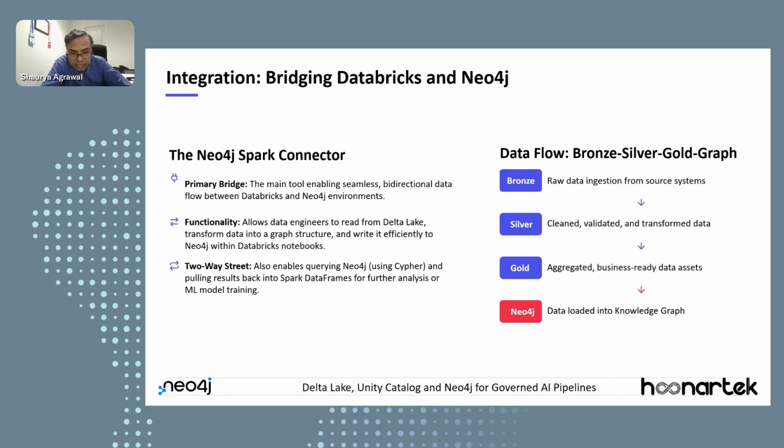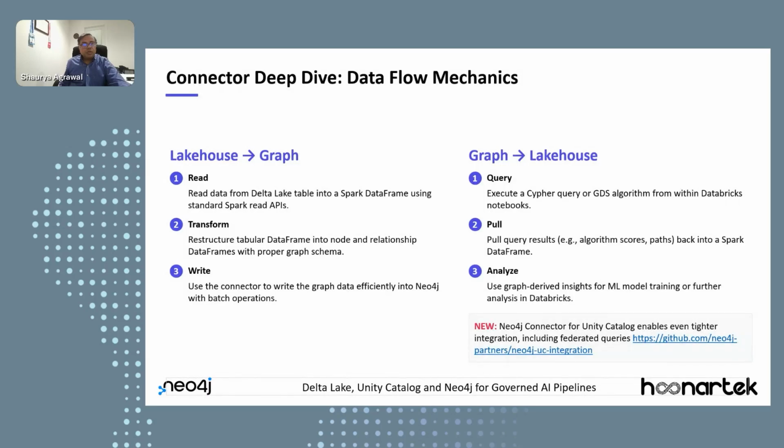And bronze is the raw layer where we bring all the raw data from different sources together and do transformations. So in an ideal use case scenario, we use the gold level tables and use that to feed to Neo4j.